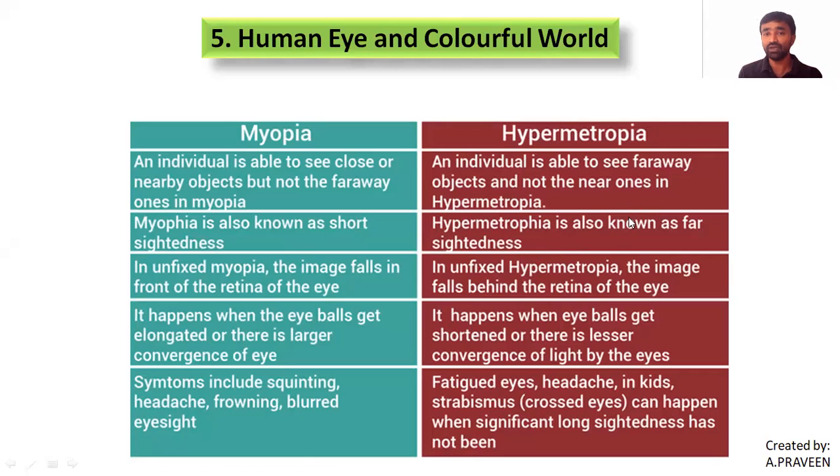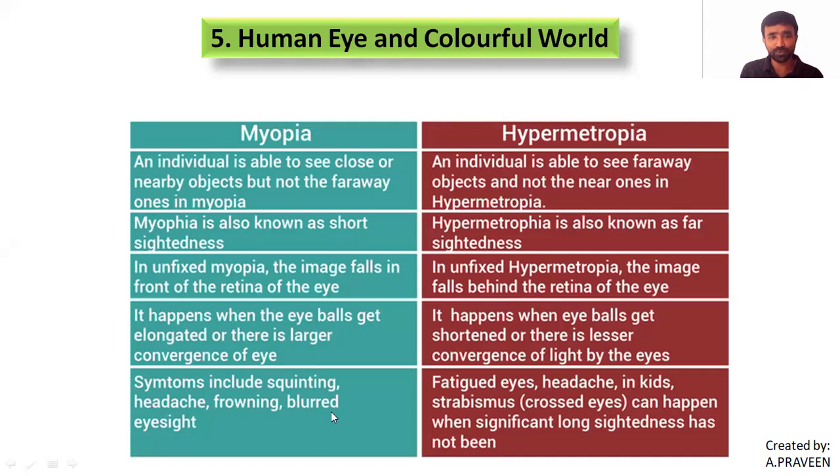For hypermetropia, if the object is placed at a nearby distance, the image will be beyond the retina, behind the retina. We can identify a myopia person by observing the eyeball, which is elongated with larger convergence. If you are able to observe the difference in the eyeball, you are able to find out. Otherwise, it is somewhat difficult and only possible by an eye specialist, right?